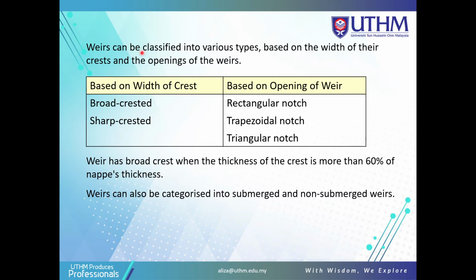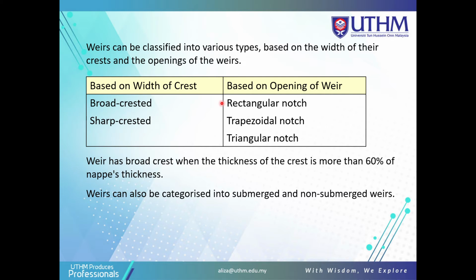Weirs can be classified into various types based on the width of the crest and the opening of the weir. Based on width of crest, there are the broad crested weir and the sharp crested weir. Based on opening of the weir, there are the rectangular notch, trapezoidal notch, and triangular notch.